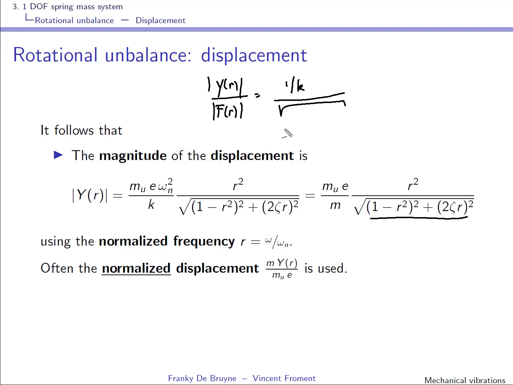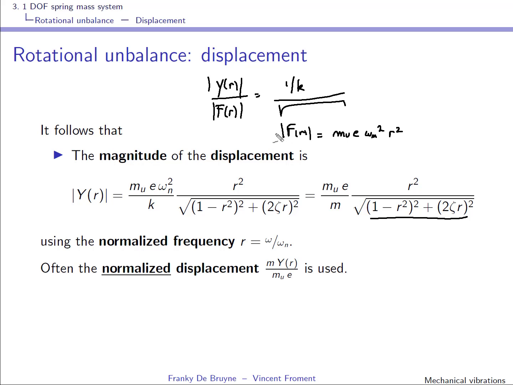In our case, we have seen in the previous slide that the force is equal to the centrifugal force, and it was in magnitude equal to mu, the unbalanced mass, times the eccentricity times the natural frequency squared times r squared.